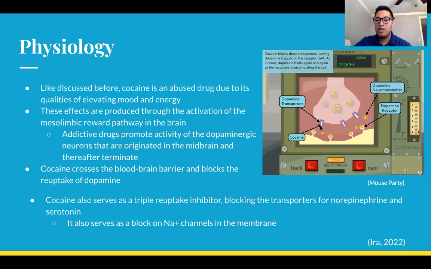And you see that cocaine will block these transporters and therefore block the reuptake of dopamine. The cocaine will cross the blood-brain barrier and block the reuptake of the dopamine. It also serves as a triple reuptake inhibitor, blocking the transporters for norepinephrine and serotonin.